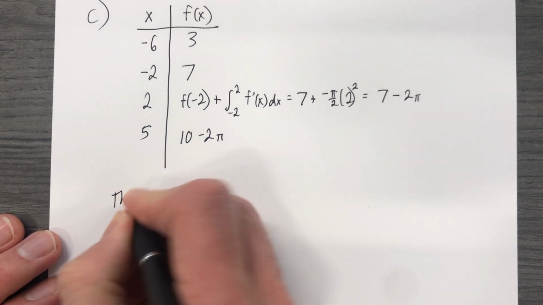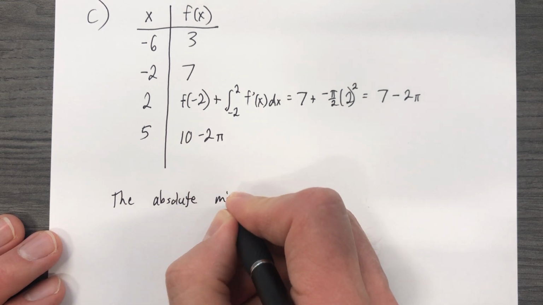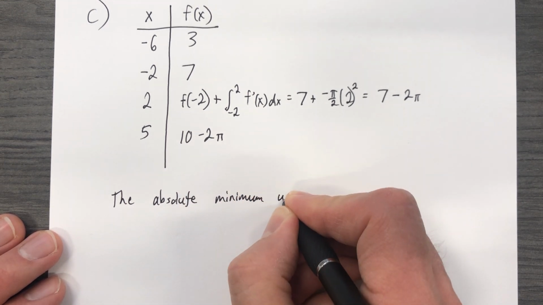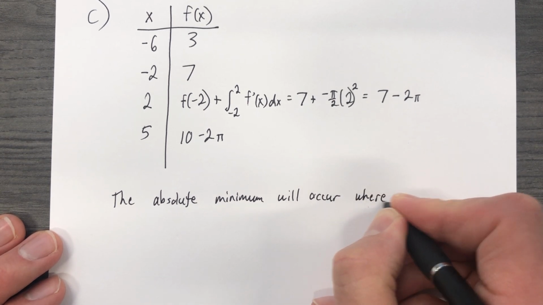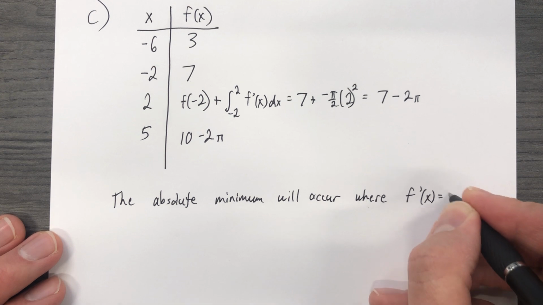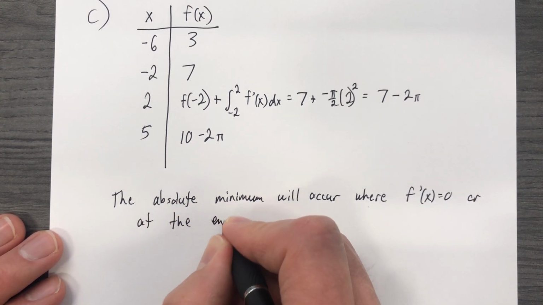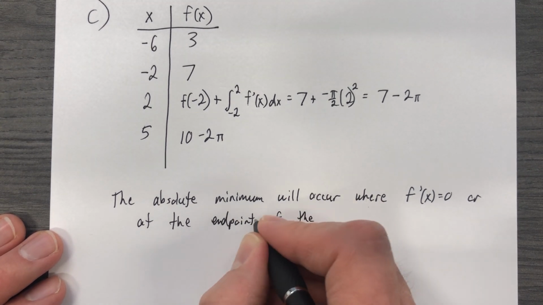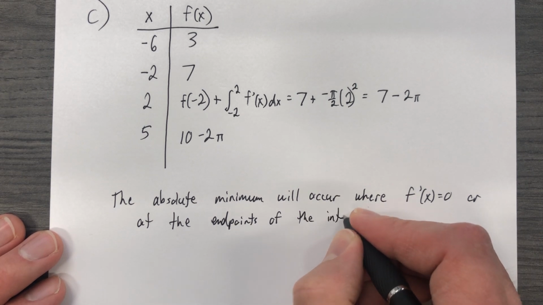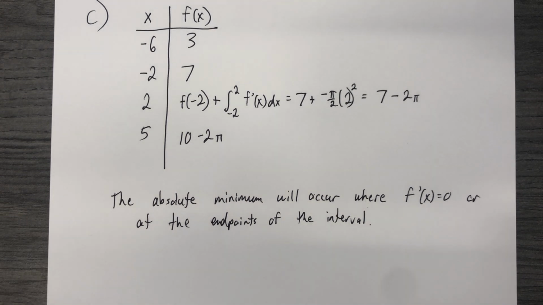So the absolute minimum, and I'm going to be real specific with my language, will occur where the derivative is equal to 0 or at the endpoints of the interval. Okay? Closed interval. All right. So we consider all of these.